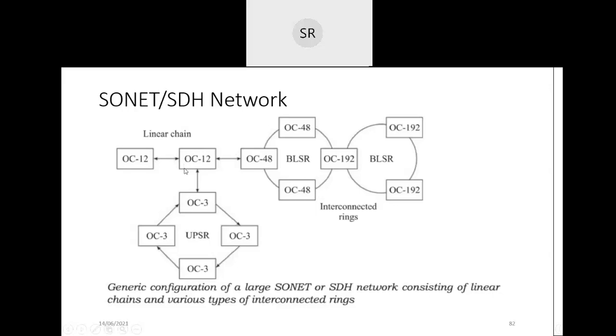Means we can say that the network is connected to an extremely wide range of rates and sizes of the given network.